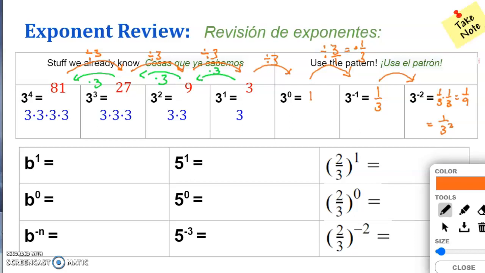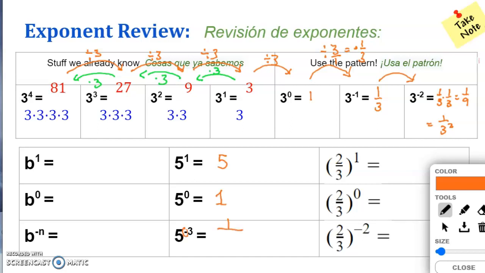Let's deal with the easy one. 5 to the power of 1, that's the same as 5. 5 being multiplied to itself 1 time. 5 to the power of 0, anything raised to the power of 0 is going to be 1. And what about 5 to the power of -3? Remember, the way to get rid of the negative sign on the exponent is to put it as 1 over.